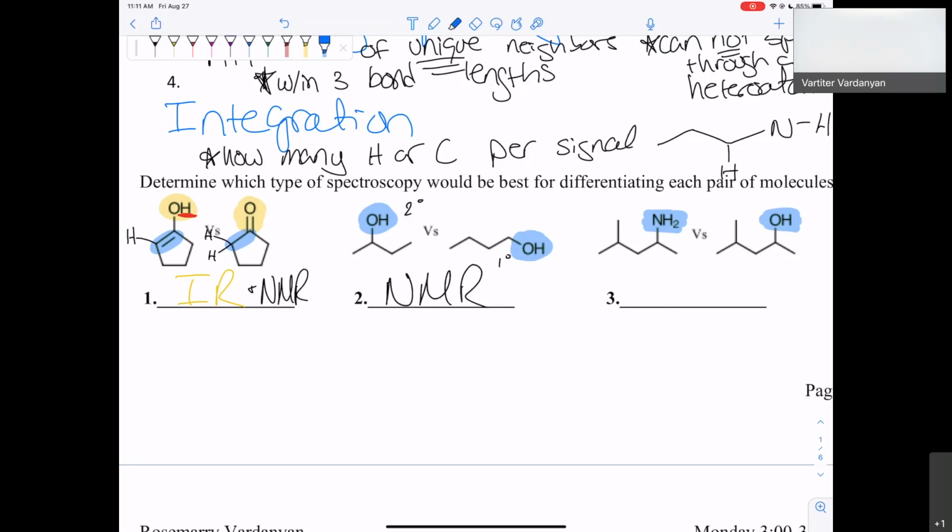So the reason we're only going to use IR on this one is because those signals would be really hard to distinguish. And that's the only difference they have. So theoretically, yes, we could use both, but it's going to be a waste of time to use NMR because they're so close. Does that kind of make sense?